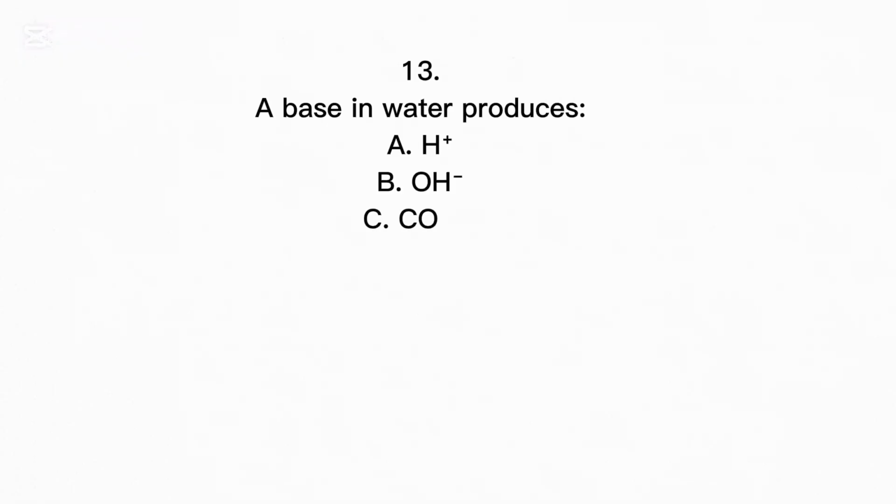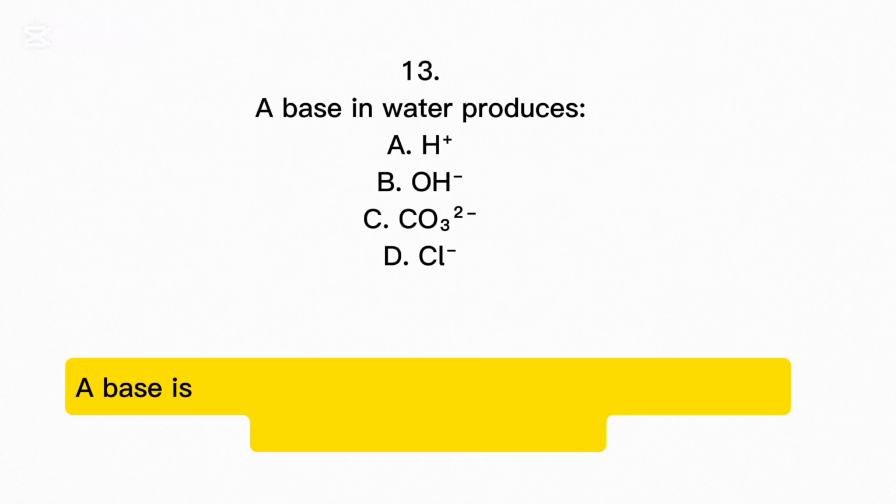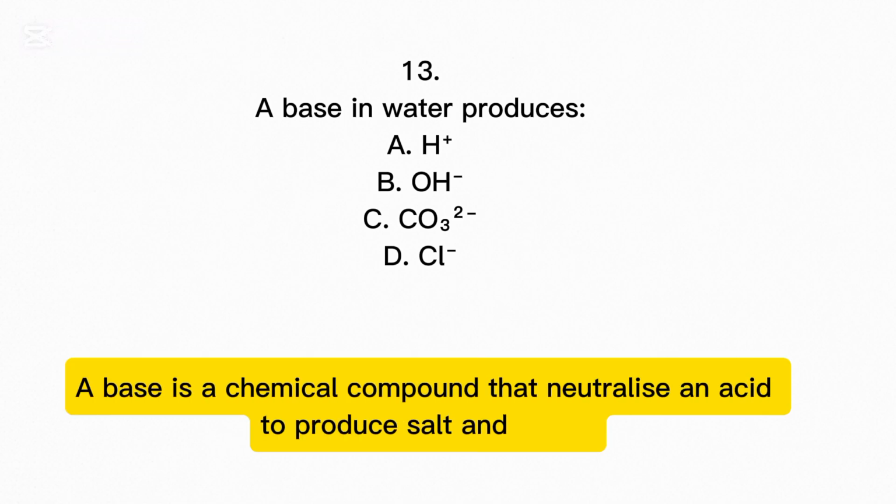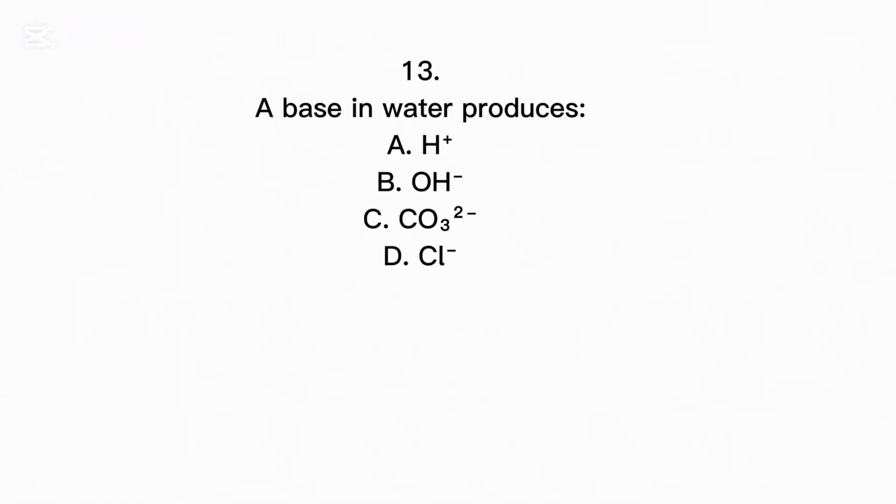Question 13. A base in water produces A. Hydrogen positive, B. Hydroxide negative, C. Carbonyl, D. Chlorine negative. What is the answer to this question? First of all, let's know what is a base. A base is a chemical compound that neutralizes an acid to produce salt and water. Another definition of a base: a base is a substance that is formed by a metal and hydroxyl group.